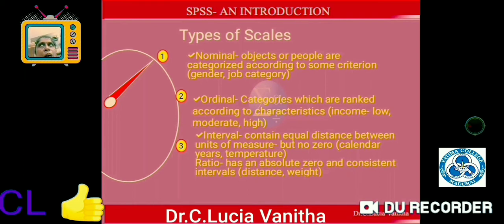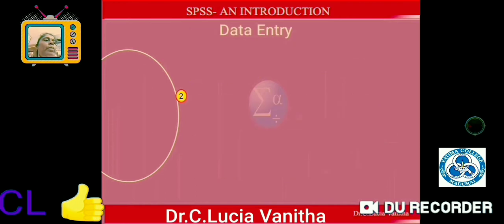Ratio has absolute zero, equal distance, and consistent intervals. Distance, weight and all are examples for ratio. In the variable view, you have to give the correct scale, otherwise we will go wrong. Okay, am I clear to you?